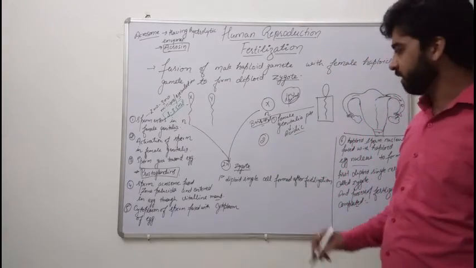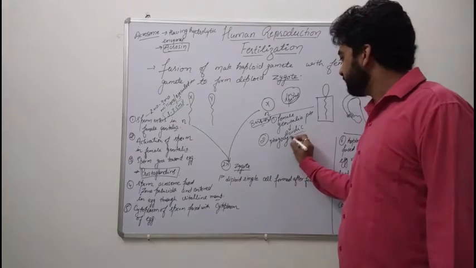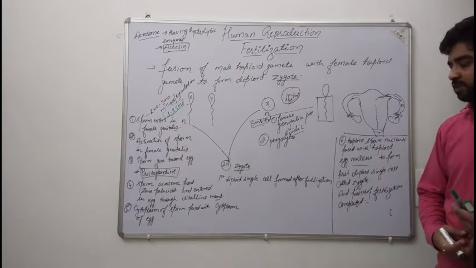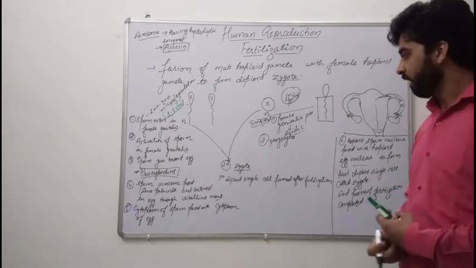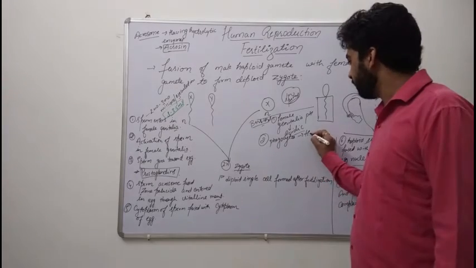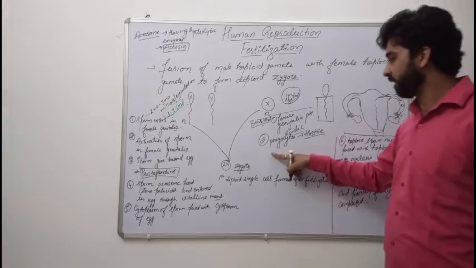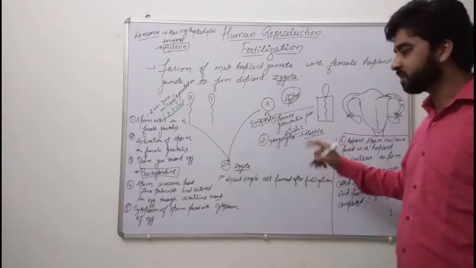Second barrier is phagocytes in female genitalia, which engulf the sperm and act as hostile. At that time when a phagocyte kills the sperm, we can say the vagina or cervix is hostile in nature.